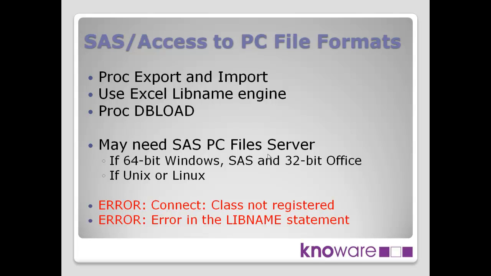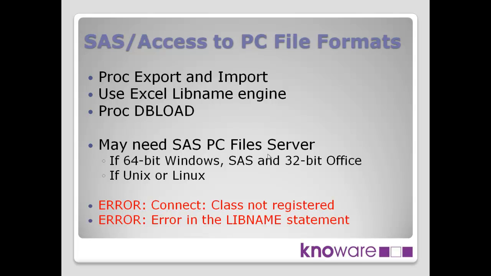Now, in using this SAS Access to PC File Formats, or PCFF as the shortcut name, there can be some complications. If you have a Windows environment and everything is 32-bit, that's great. Away you go, nice and simply. But if you have a 64-bit Windows environment and a 32-bit Office version, we need to do something slightly different.